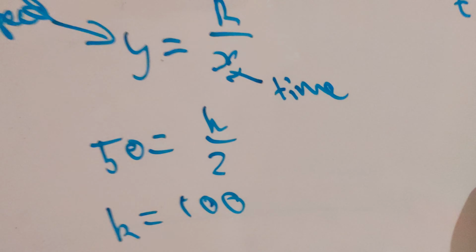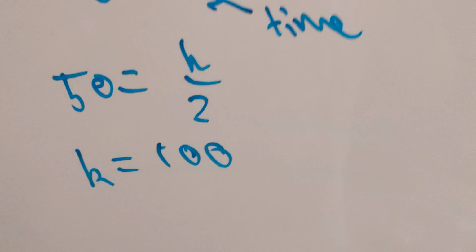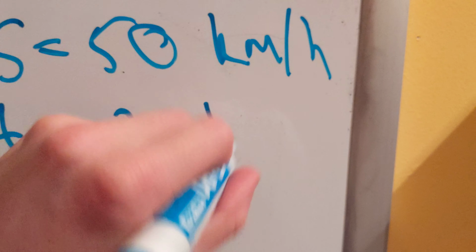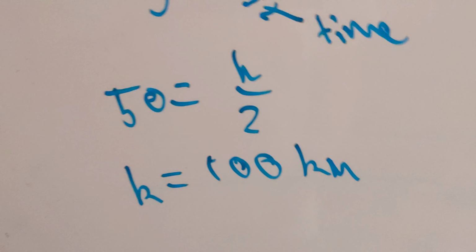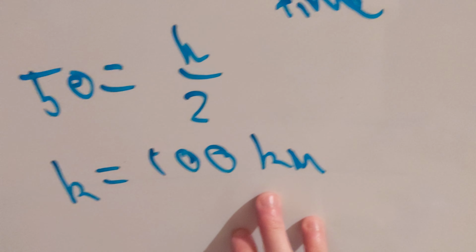Now, just a little side note, the 100 there is in kilometers, because our speed was in kilometers per hour, and our time was in hours. So we should get our k in kilometers. And this is actually the distance we travel.